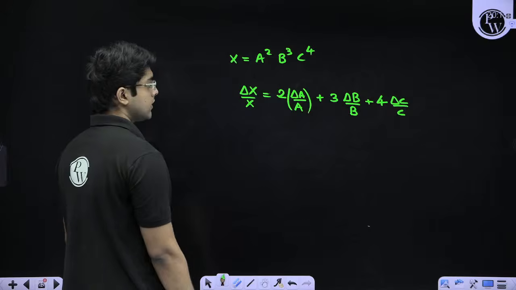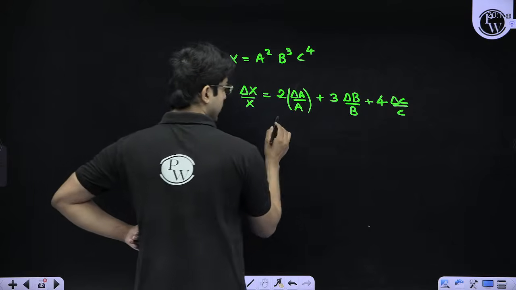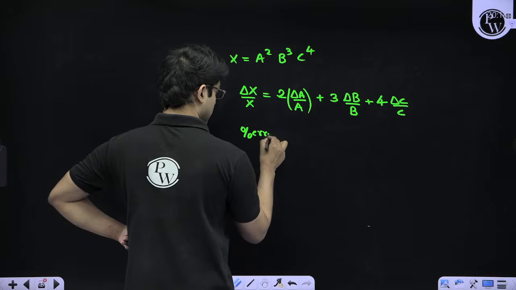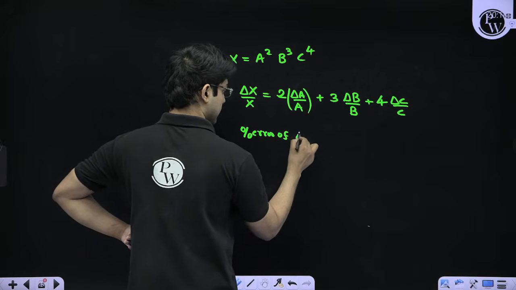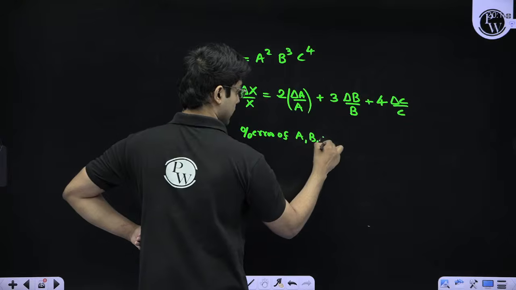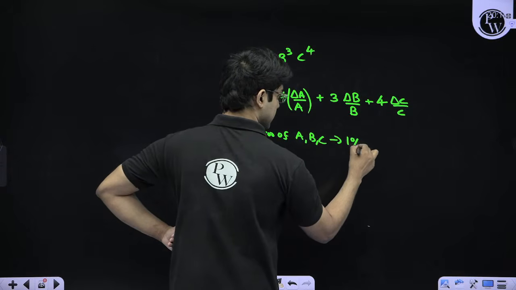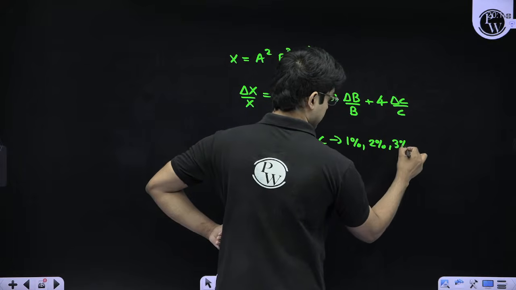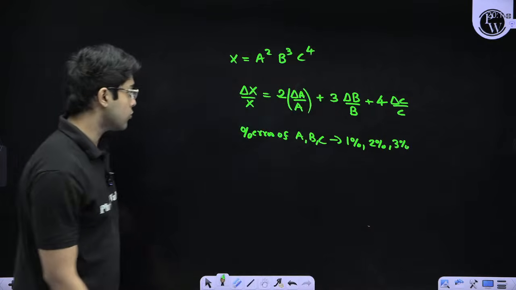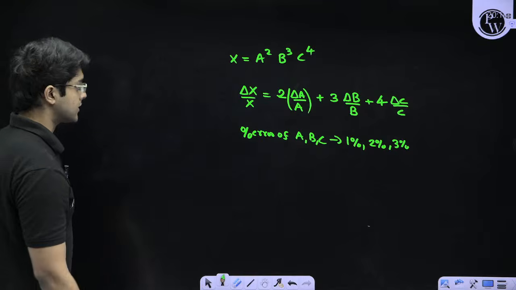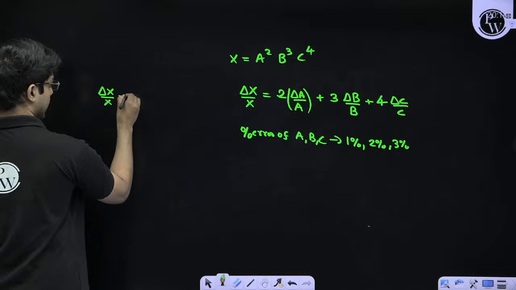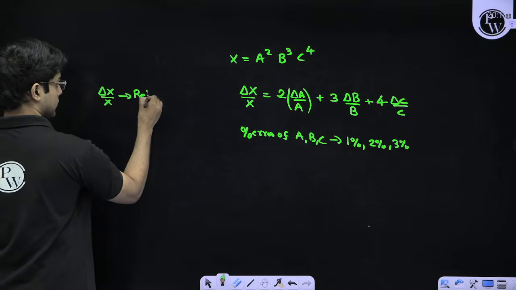Okay. Now in some question they will give you percentage error of a, b, and c. They will give that this is equal to 1%, 2%, and 3%, let's say. And then they will ask you what is the percentage error in x. So this delta x by x is called the relative error, right?